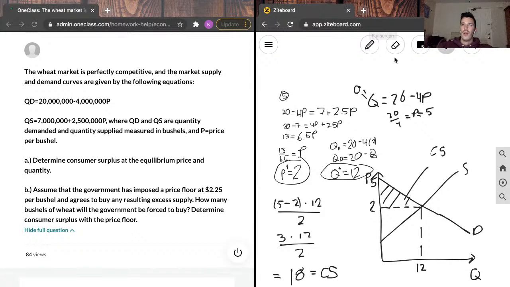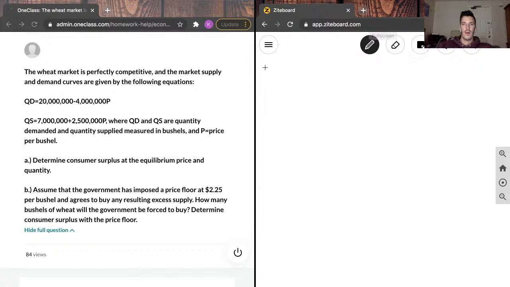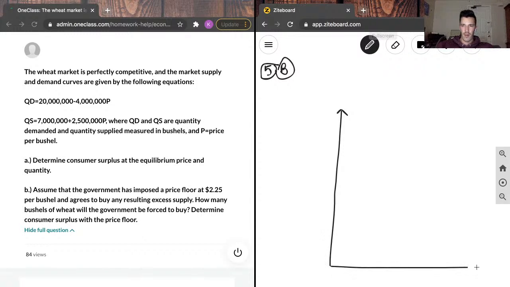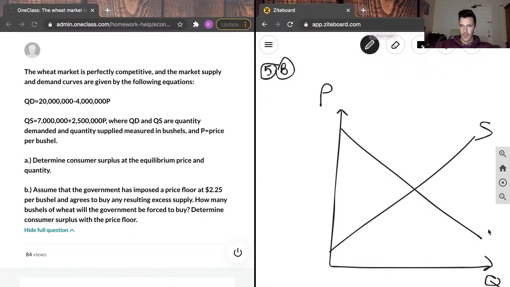All right. So 5B says, assume that the government has imposed a price floor at $2.25. So I'm just going to draw what we had here earlier: supply, demand. This was 12. This was 2.